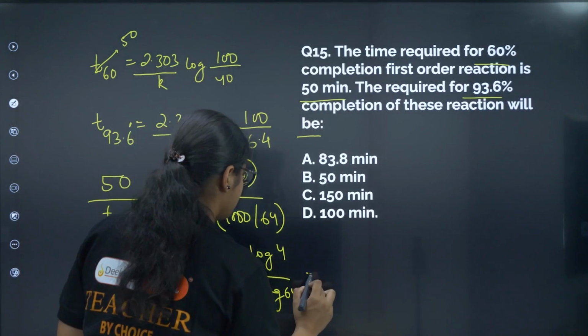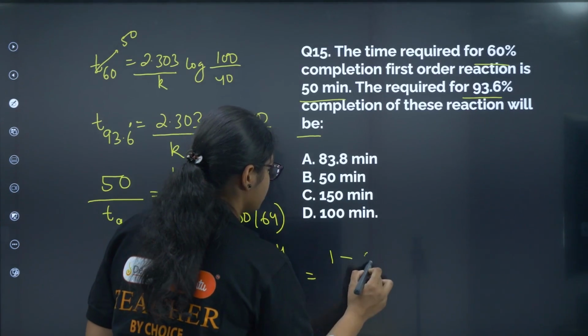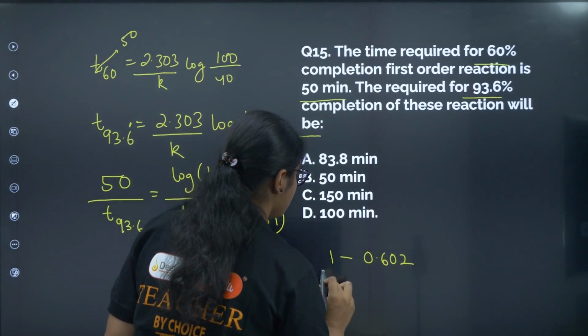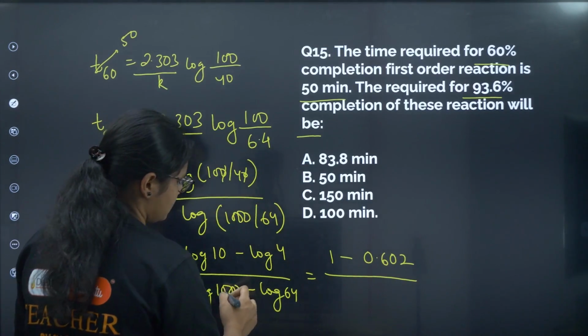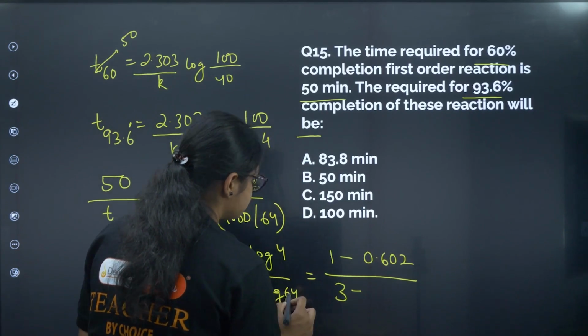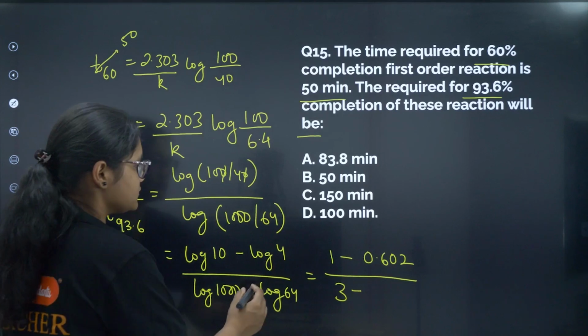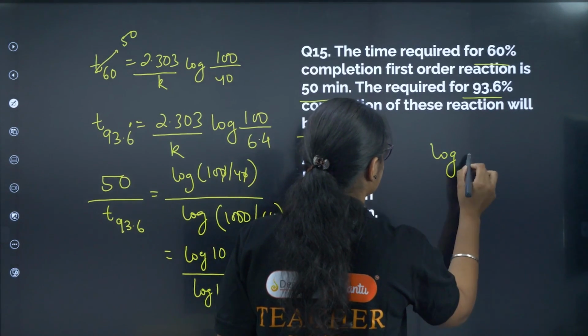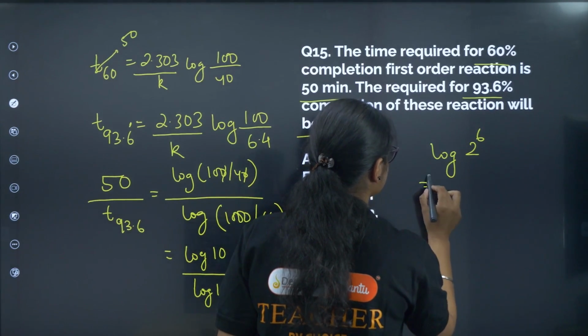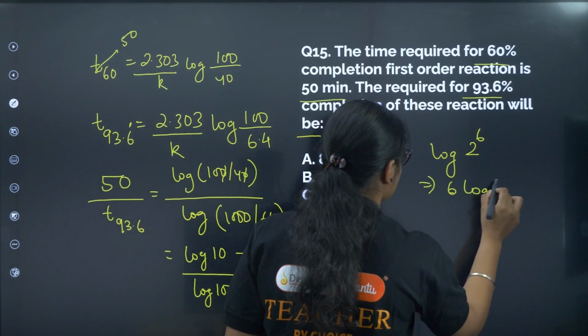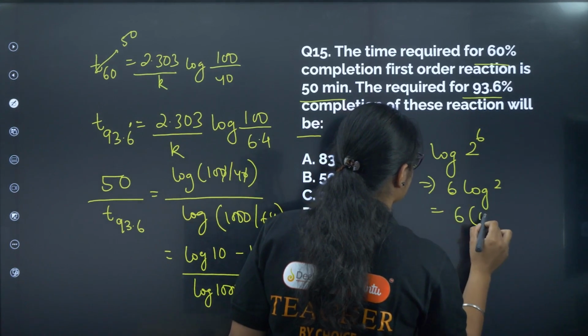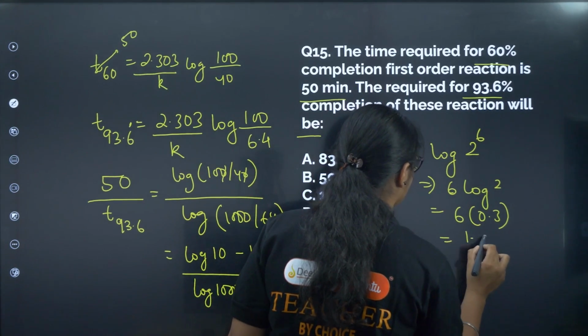You know log 10 value is 1, minus log 4 is 0.602. Log 1000 will be 3, and log 64 means 64 can be written as 2 to the power of 6, so that is 6 times log 2, that is 6 times 0.3, or we can take 1.8.